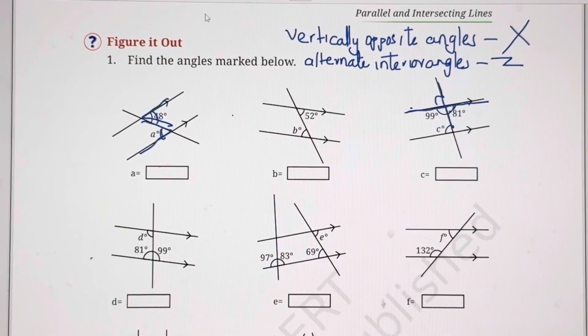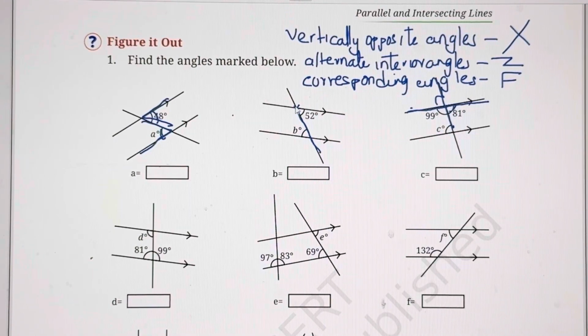Correct? Now the third is corresponding angles. All these are equal if the lines are parallel. For corresponding angles, you need to identify the letter F. Suppose I take this figure, I identify the letter F. So 52 and this angle will be corresponding angles.